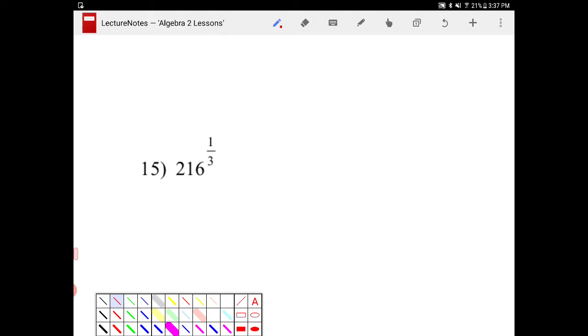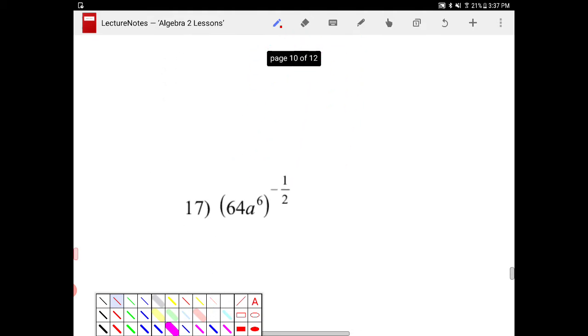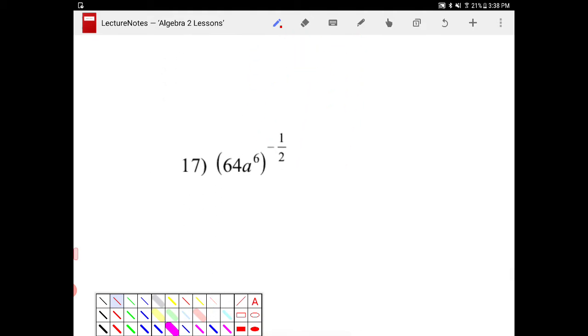All right, 216 to the 1/3. 216 to the 1/3, that's just 6 to the 3rd to the 1/3, or it's just 6. Here we go, 64a to the 6 to the negative half. So remember, power rule, right?